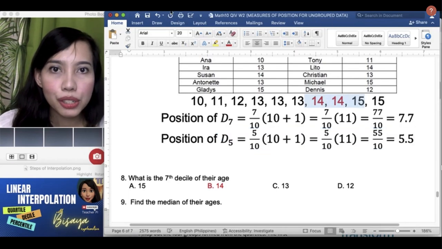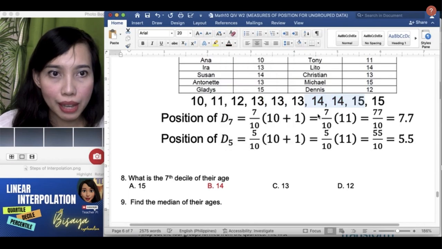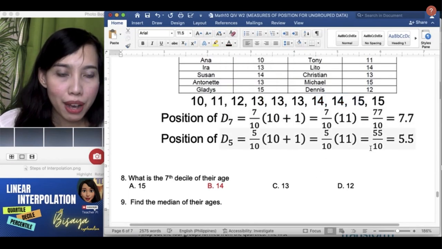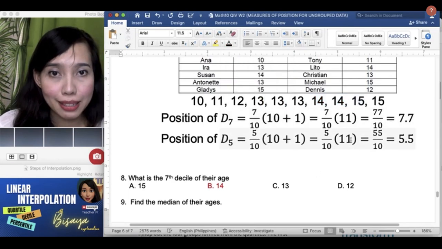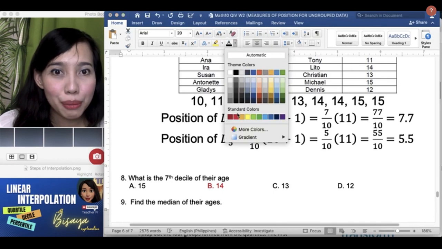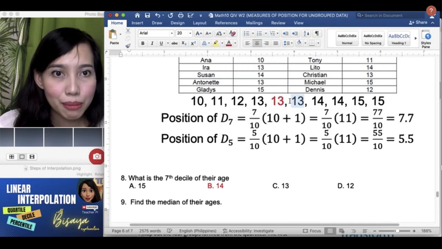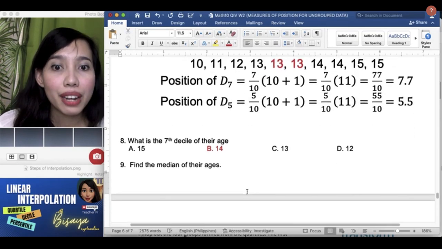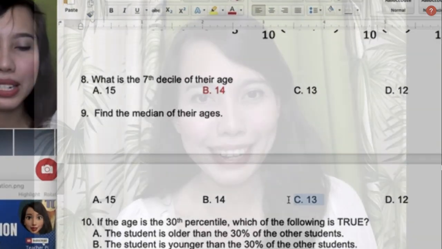Okay, back to the black background so you can see, class. 5.5 is between the 5th and the 6th number. 1, 2, 3, 4, 5, 6. So here you will see that the fifth number is 13 and the sixth number is also 13. Therefore, the median of their ages is just 13.